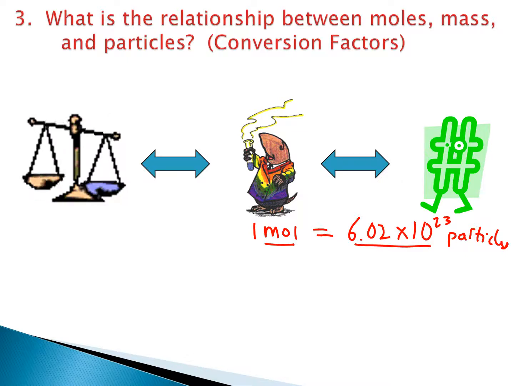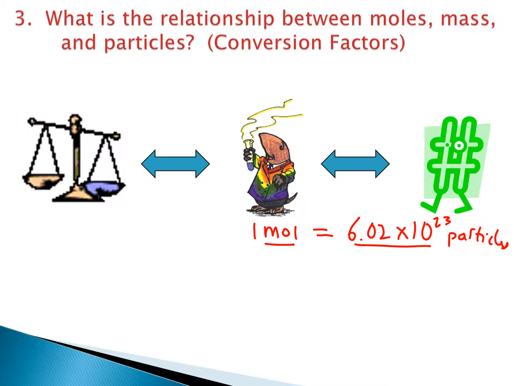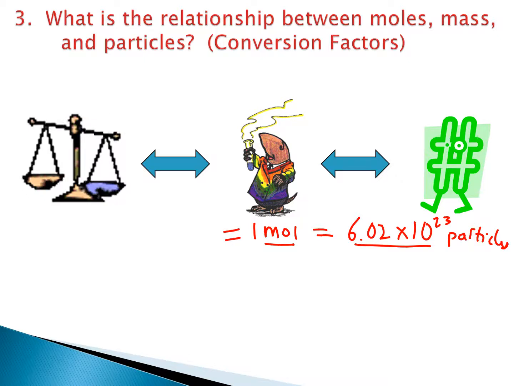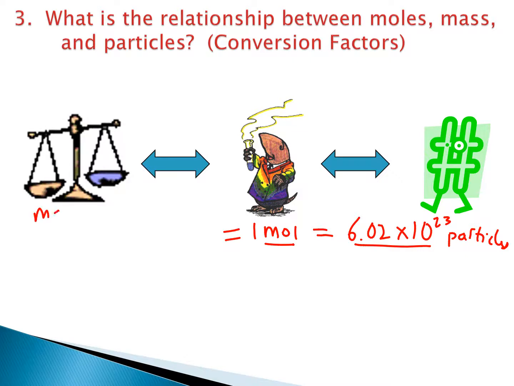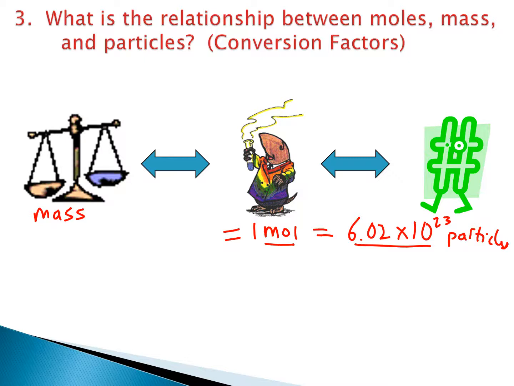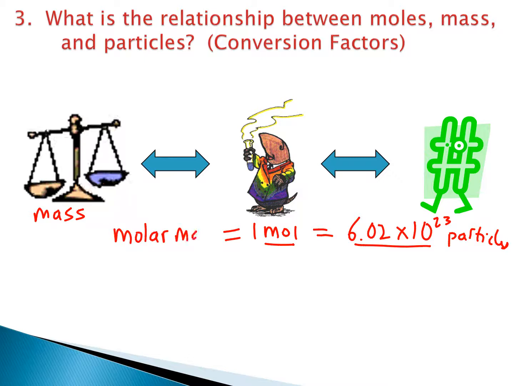So if we're talking about an element, if we know how many moles we have, we can determine how many atoms of it we have. Now I can also, if I know the number of moles, calculate the mass of a substance using the conversion factor we talked about before, where 1 mole will always be equal to the molar mass of the substance.